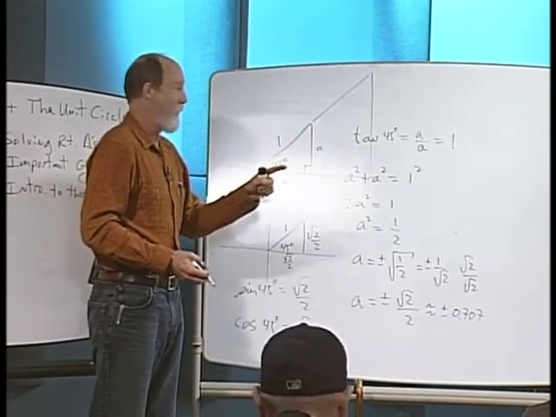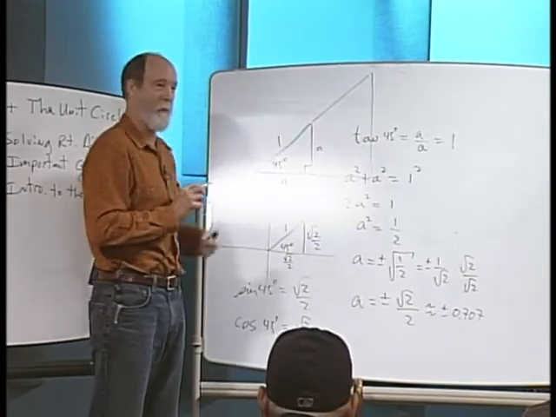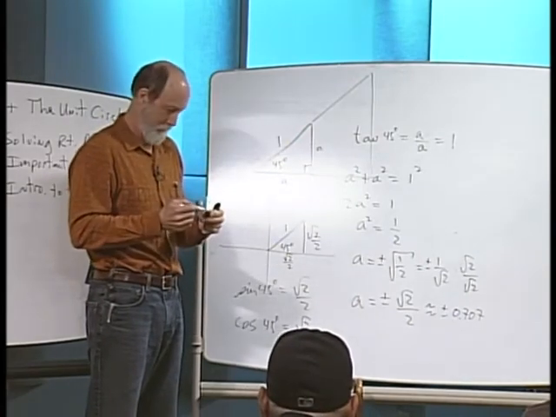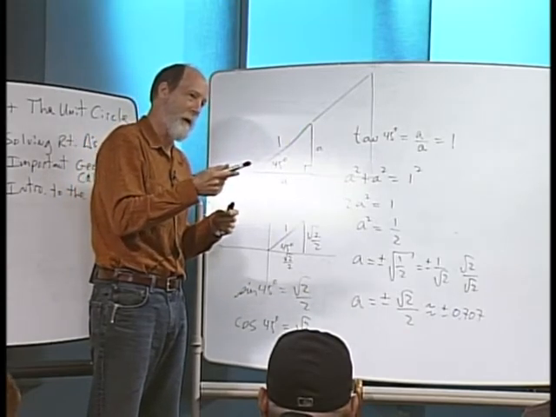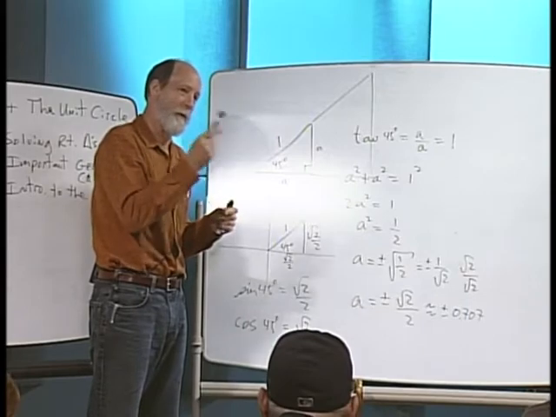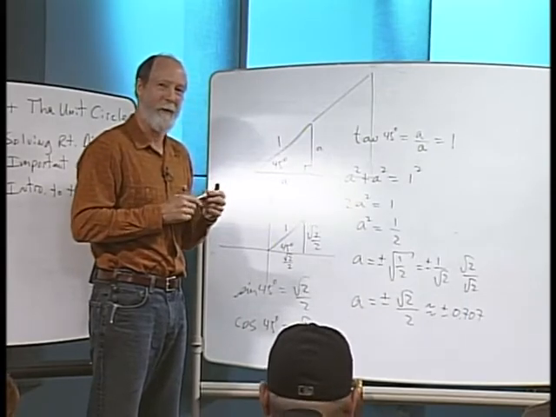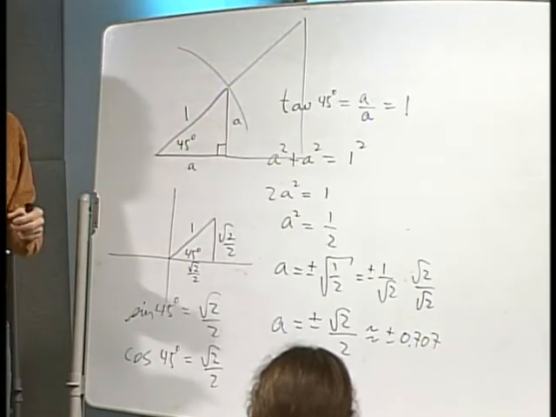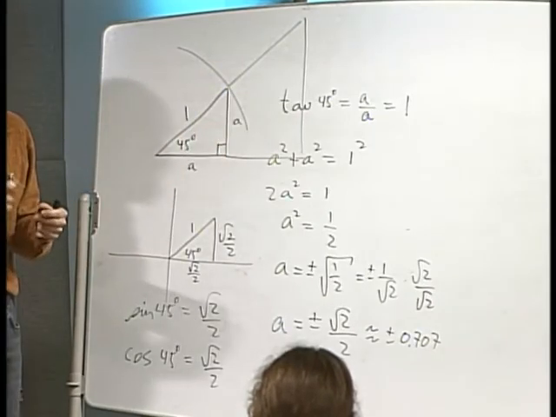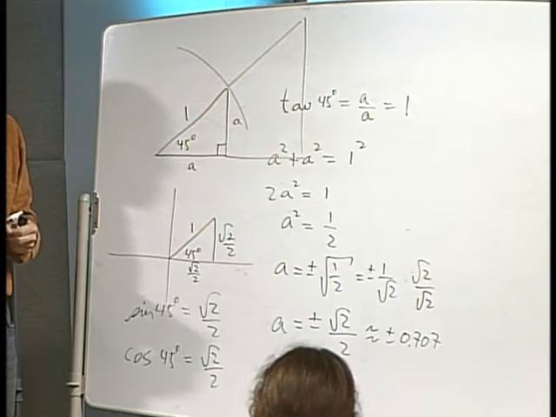So you're going to love having a hypotenuse of 1. You see how this relates to something I'm going to talk about in a little bit called the unit circle? A circle of radius 1. So it's all going to tie together here in a couple minutes.